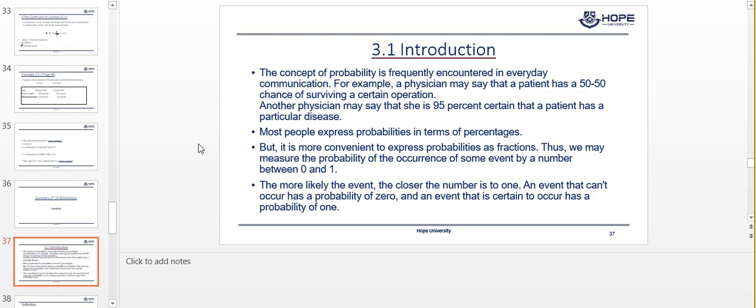Thus, we measure the probability of occurrence of some event by a number between 0 and 1. The more likely the event, the closer the number to 1. For example, if we say this is 95%, we should not write 95. We should write 0.95.